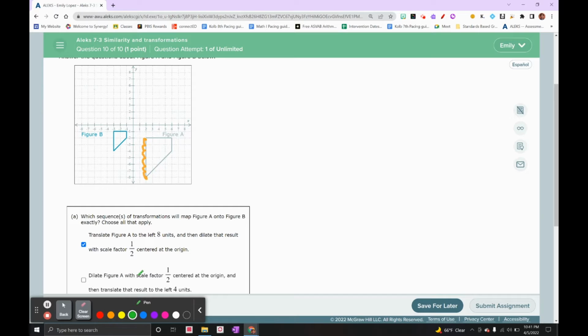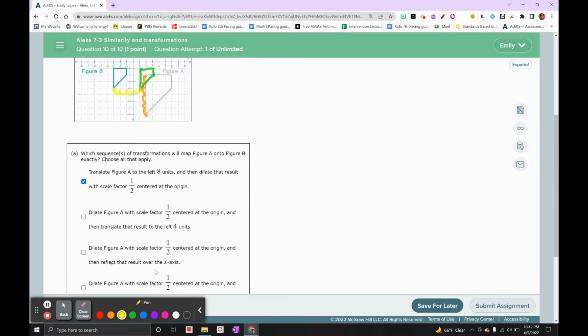Dilate the figure A with the scale factor of 1/2. So this is two boxes, go down to one. This will be four boxes away, that will be two. Two boxes down, that will be one. 1, 2, 3, 4, 5, 6. 6 is reduced to 3. Translate 4 units to the left: 1, 2, 3, 4.